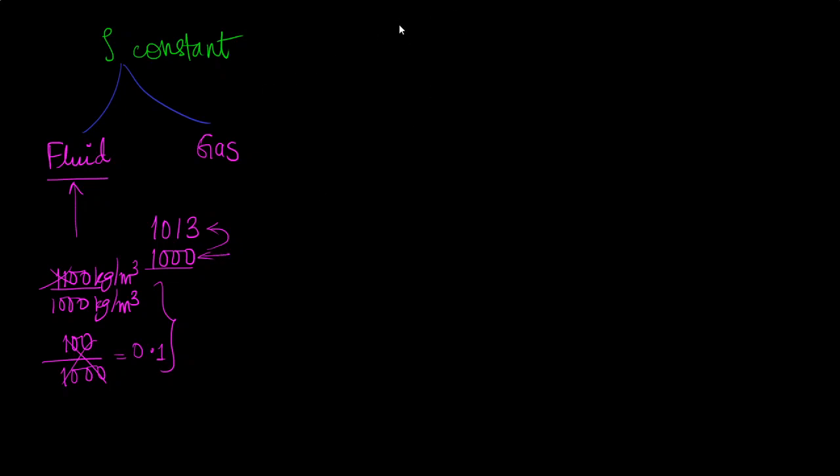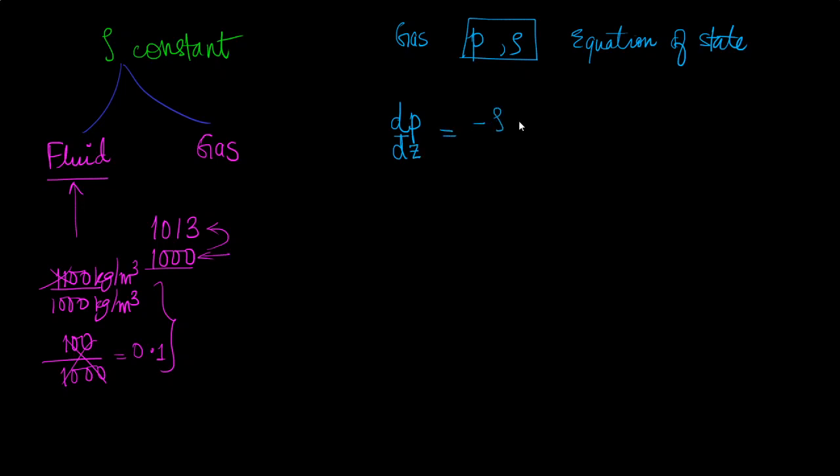But what about gas? So gas, the pressure and the density are related through the equation of state. Meaning that if I write down dp dz as minus rho times g, this particular rho for a gas is actually a function of pressure.